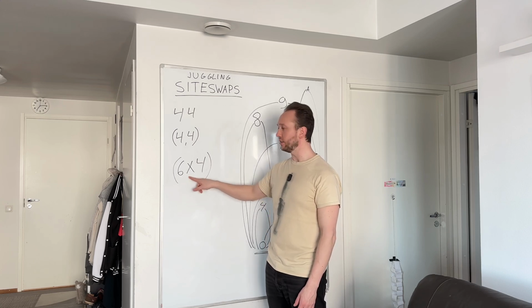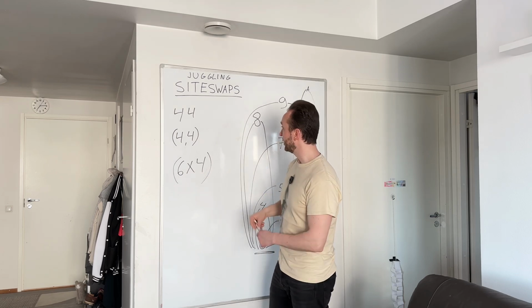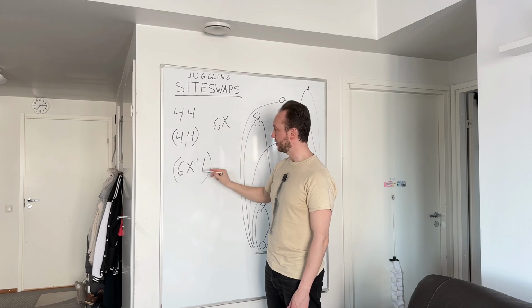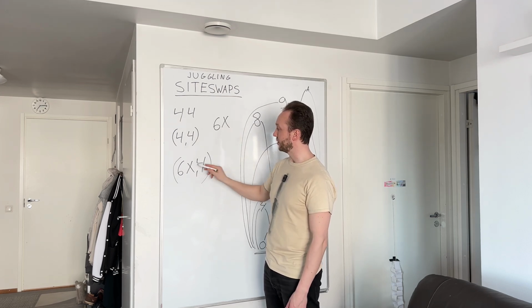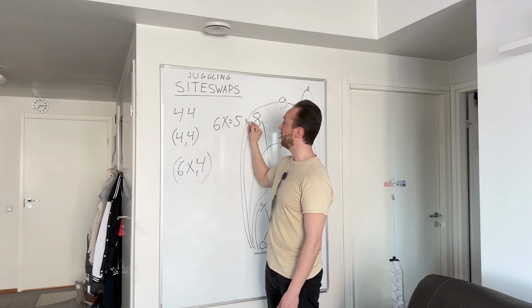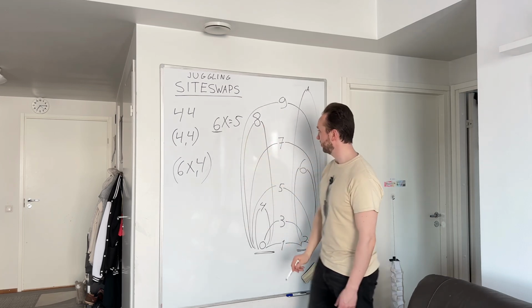So what the X does, every time you have X after the number, so it's this, 6x, okay? So here we will have the comma here. X is always put after the number. X means that this is 5, but it's in the height of 6, okay?